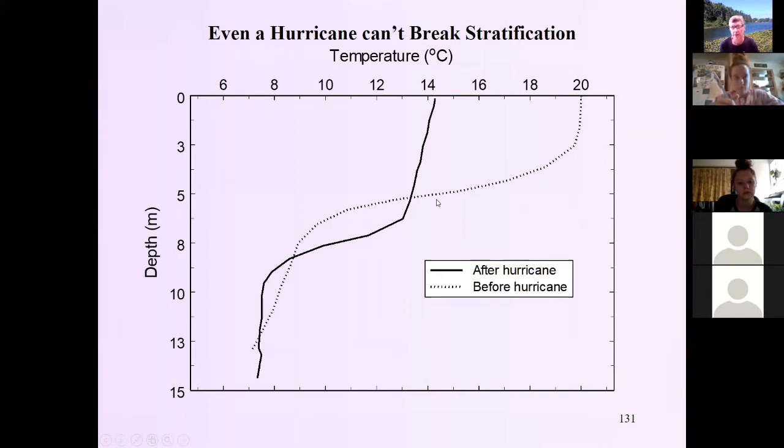When the hurricane came, it pushed the epilimnion down a little bit. It changed the temperature of the water by mixing it a little bit, but it still didn't break the stratification, and that stratification held through that event. So that just gives you an idea of how much energy it takes to turn that lake over.